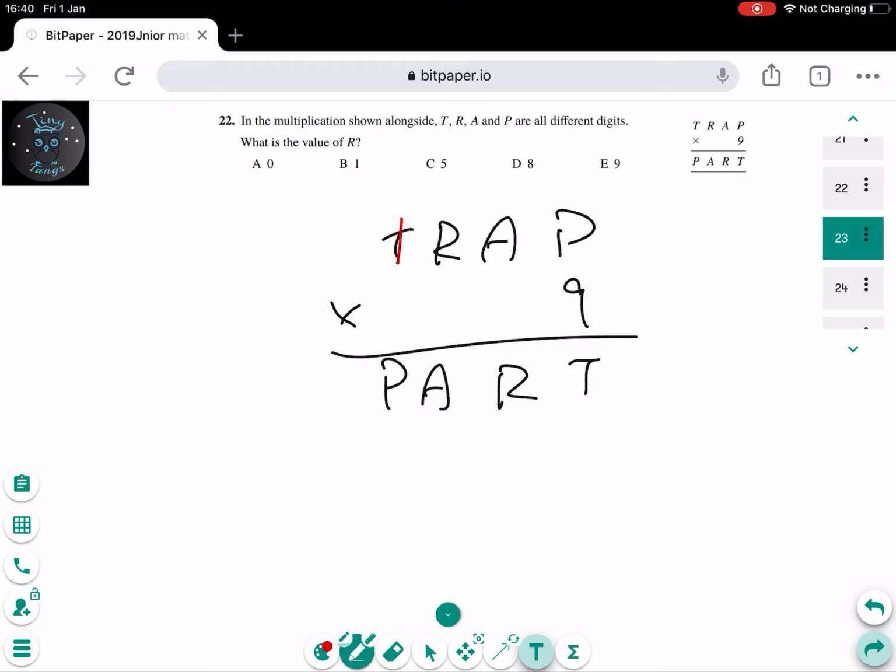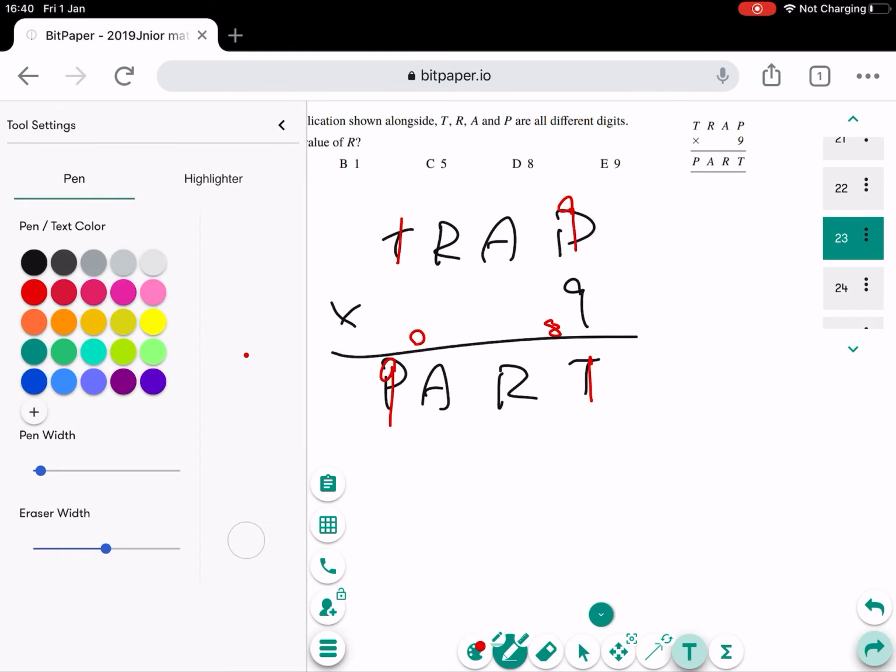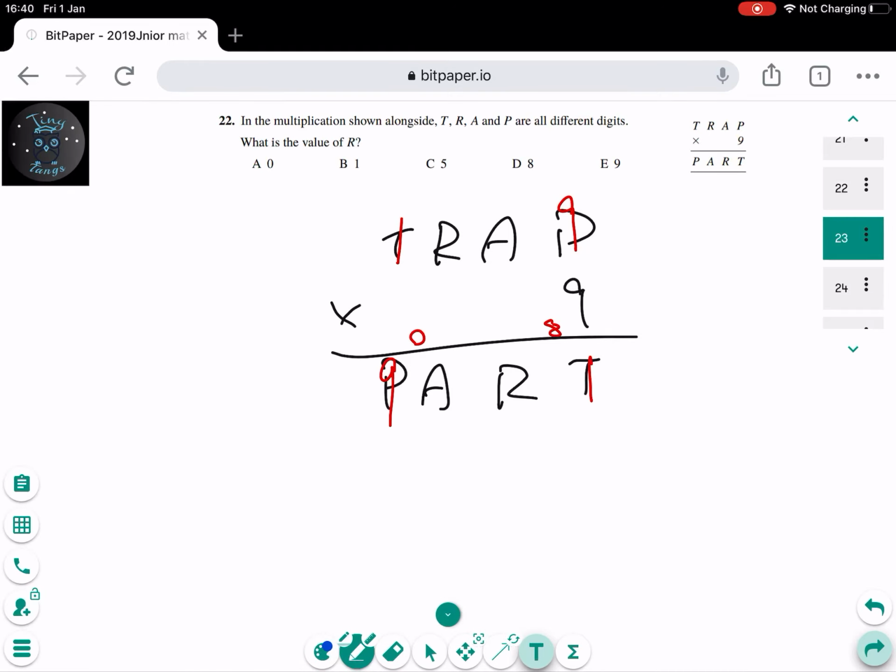So 1 times 9 equals 9. So P definitely has to be 9, with no numbers added in. So we have 9 times 9, which equals 81 here. And now we can start a bit of trial and error.